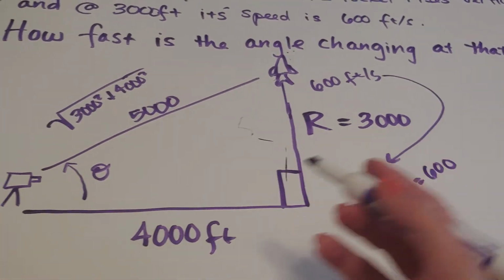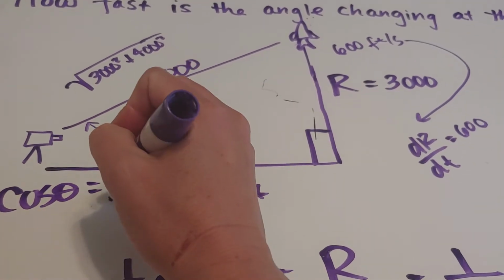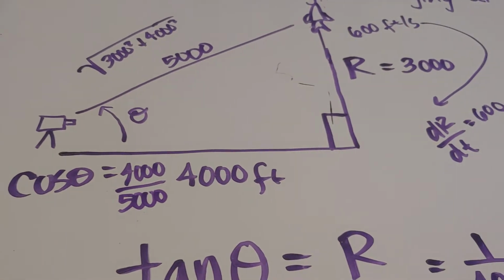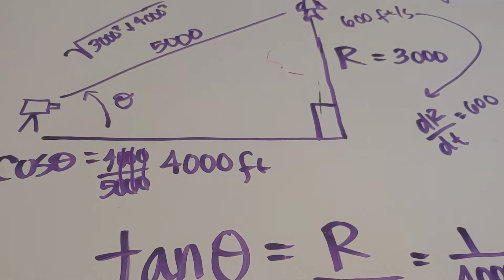Cosine of theta would be 4,000 over 5,000, which we can just call 4/5.